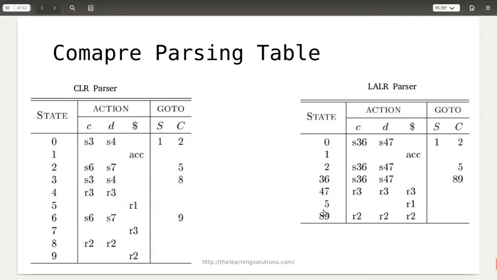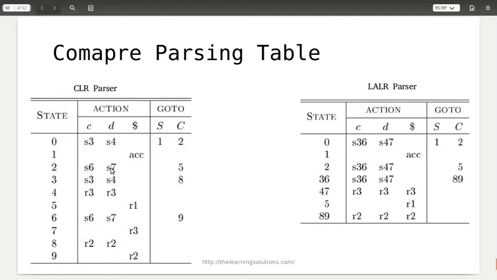Now this 36, 47, 89 should also be reflected in the action part. So in the action part, here you have S3, so it will become S36. Here it was S4, so it becomes S47. Here it is S6, so it becomes S36.